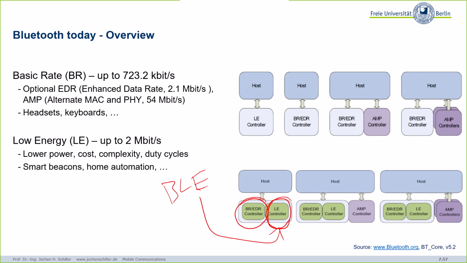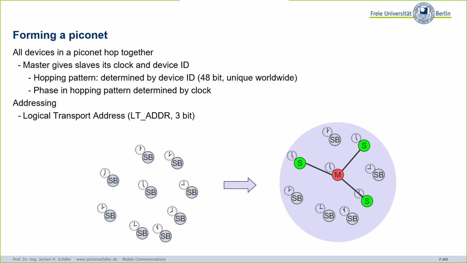So then I explained the classical Bluetooth system, Bluetooth basic rate, enhanced data rate. So especially how you create a Pico network out of different devices. The key idea, having a master and up to 7 slaves. So that was the idea there.